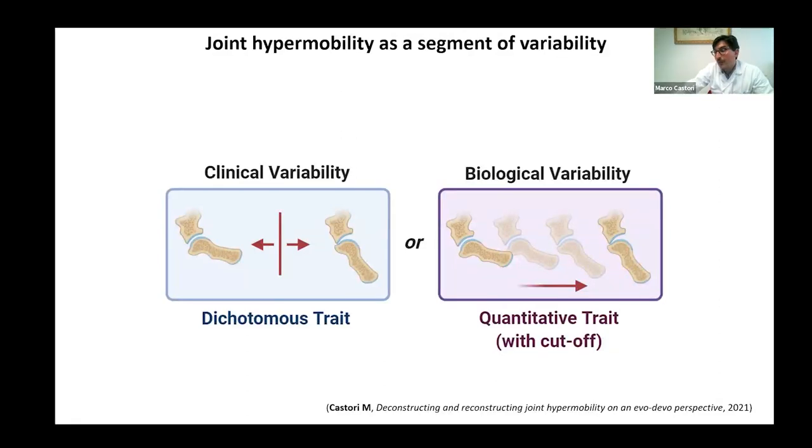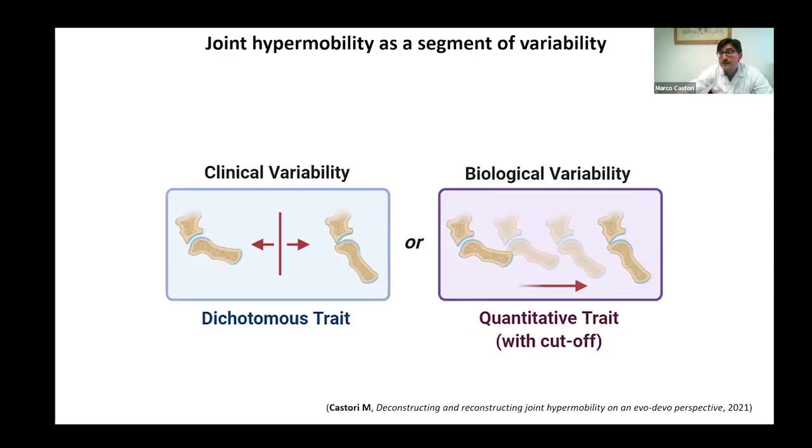Therefore, joint hypermobility is assumed to be a dichotomous trait in the office. This is our perception as clinicians, that joint hypermobility is present or absent in this joint, that generalized joint hypermobility is present or absent in this patient.